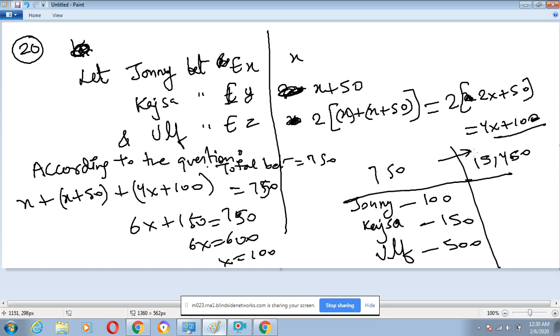Let me divide and check. 15,450 divided by 750 is 20.6.